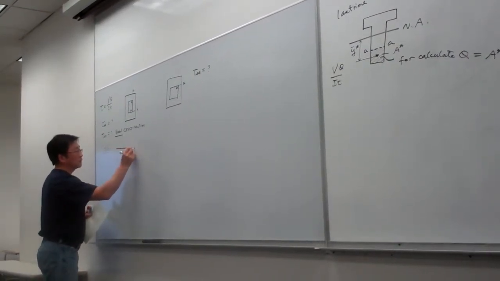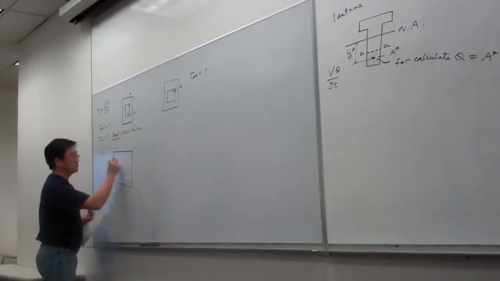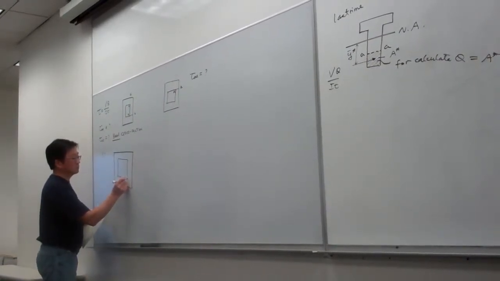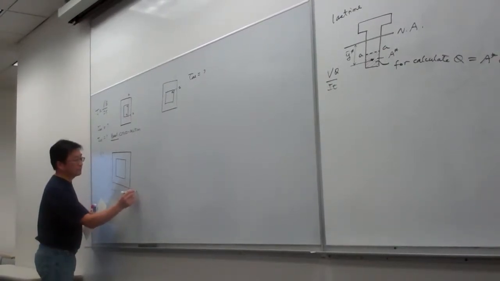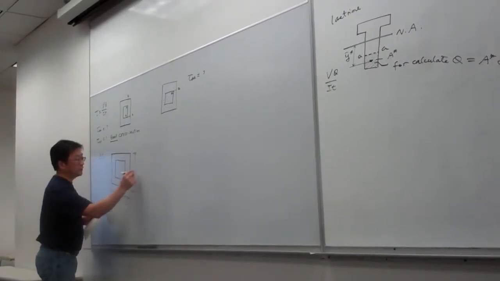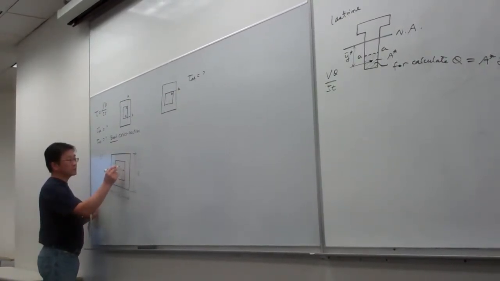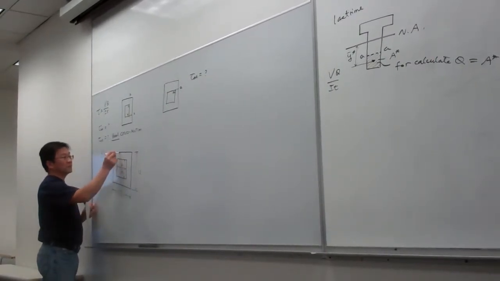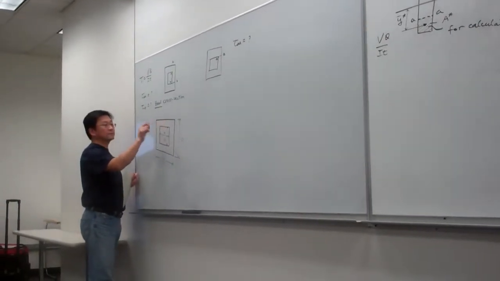Say we have the cross section, this is 12, this is 12, and square, and inside is also square, and this is 6, and here is 6. So basically for each side that is 3, 3, 3, 3, 3, okay?